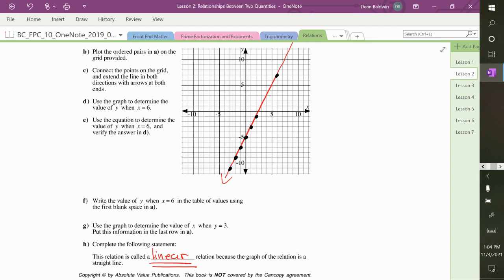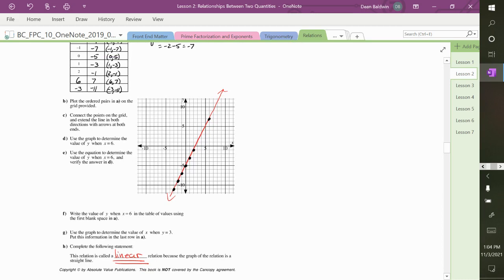Straight enough. Grade 9 in the lesson. We're going to do it again. Any questions about that? All you're doing is putting the x values in. Once you get your xy points, plot them on the grid, draw a line through them. Is that okay?